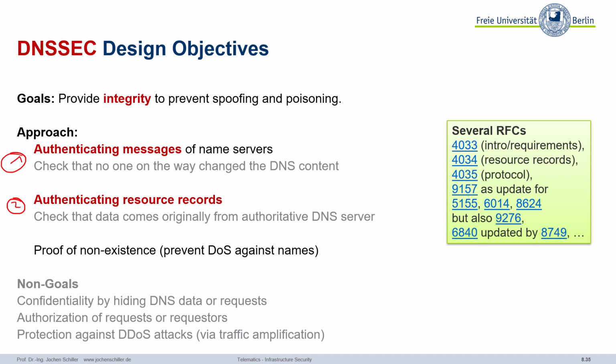Those are not our goals. We will focus on the two goals, authenticating messages and authenticating resource records. There are many RFCs handling this, starting with 4033, 4034, 4035 about introduction, resource records, and the protocol, and many updates up to today.